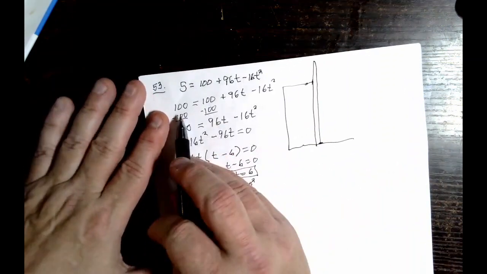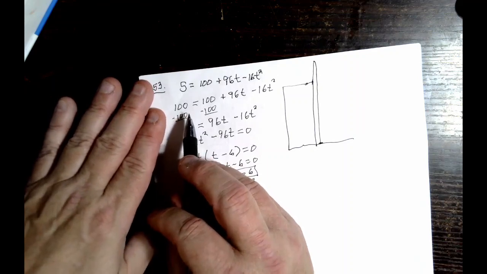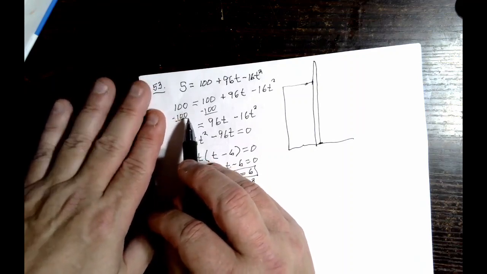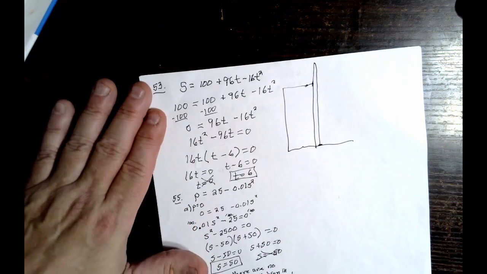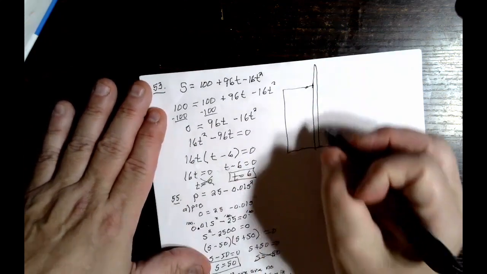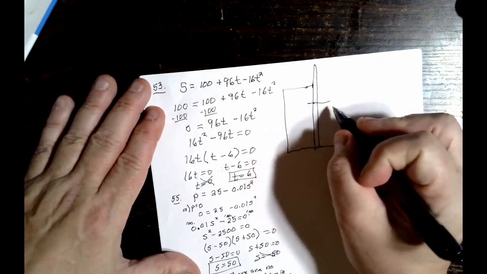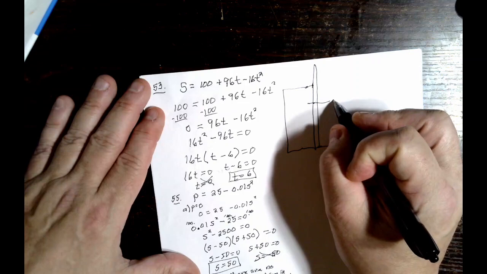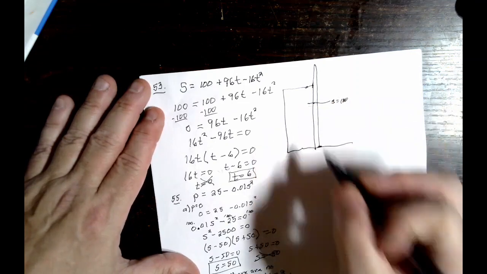So the height of the ball starts at, let's see, oh no, 53, it says how long after it's thrown is the height 100 feet. So this could be S equals 100, the height of the ball.